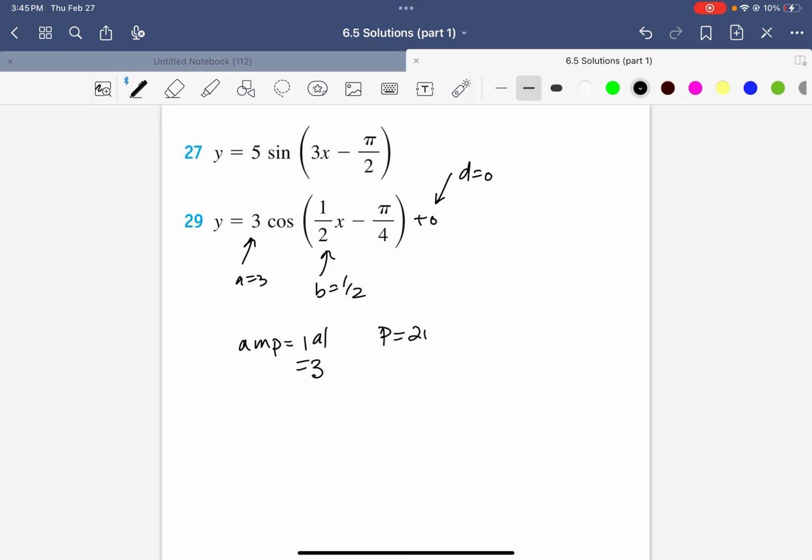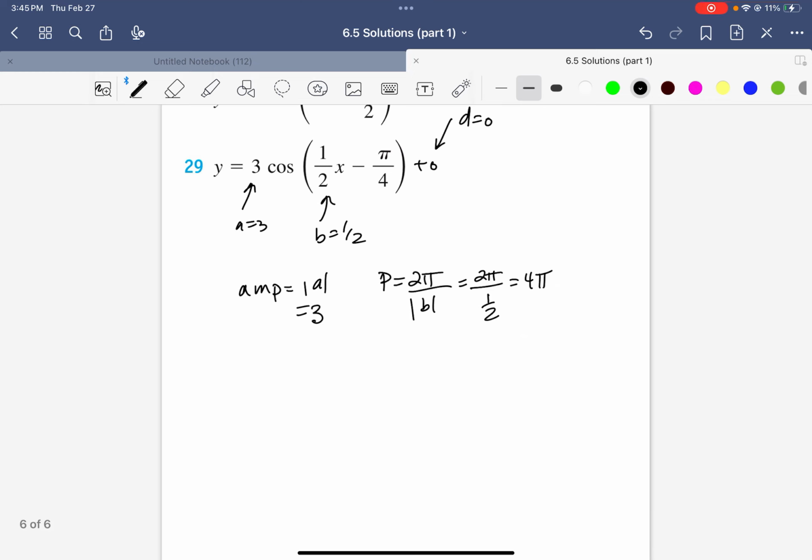My period, which is 2 pi over absolute B, is equal to 2 pi over 1/2. Invert and multiply and get 4 pi, right? So that means that my step size is equal to period cut into 4 pieces. So it's 4 pi over 4, cut into fourths, is just pi.